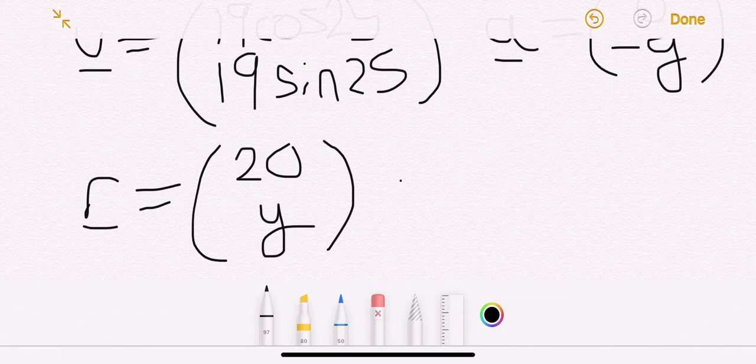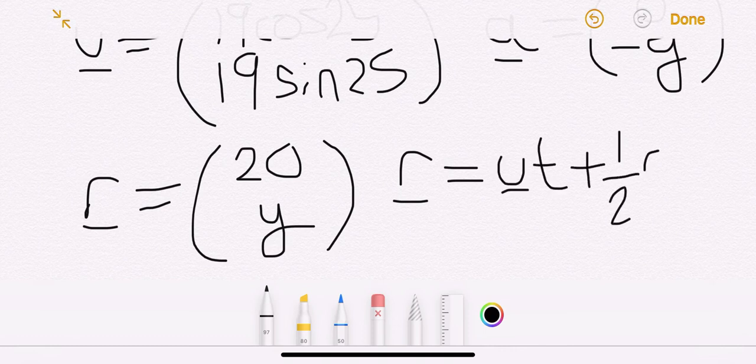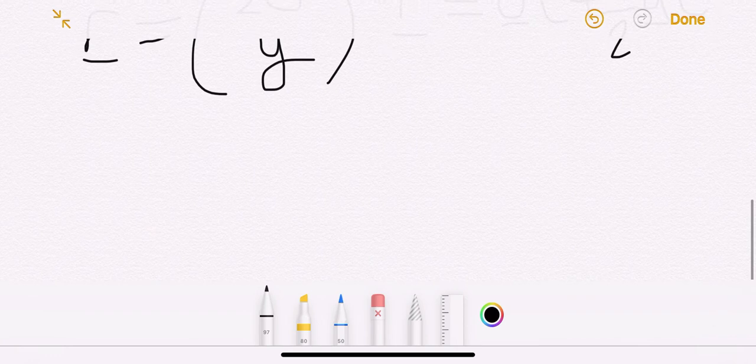So again, we're going to use r equals ut plus a half a t squared, but remember r0 is the origin here, so we don't need to account for its initial position. So putting all of these vectors in, we're going to get two equations in t.